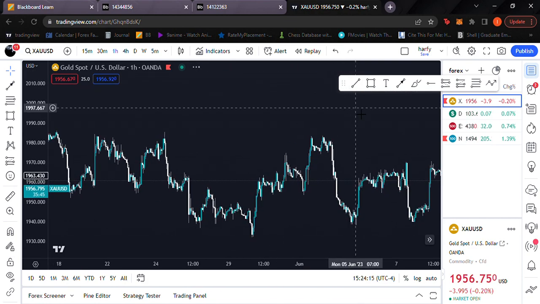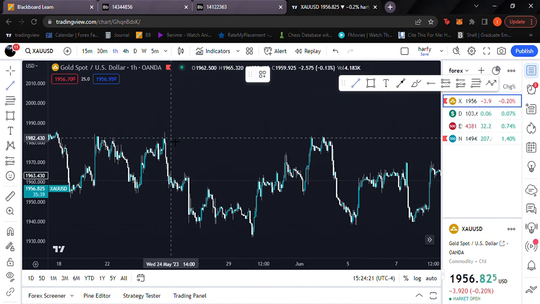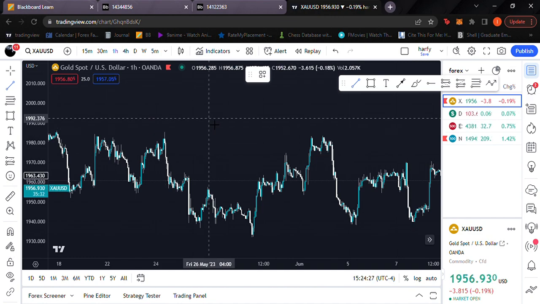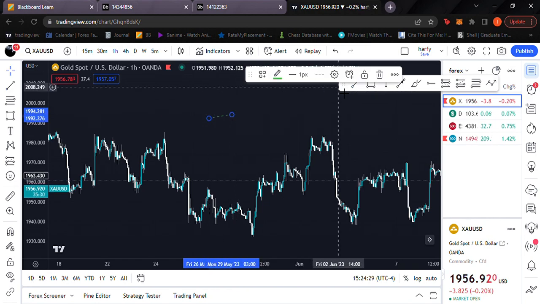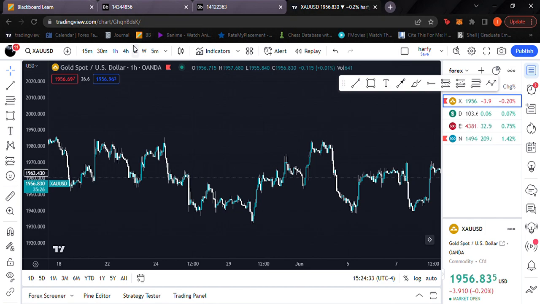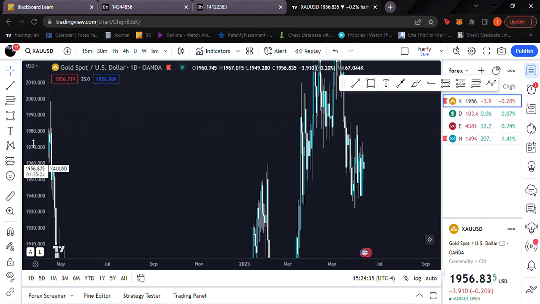Now, I personally use sell side, buy side, all liquidity as targets. Sell side liquidity allows you to basically guess where you think the market is going to end up. You want to be using the higher time frames to actually give you a target.